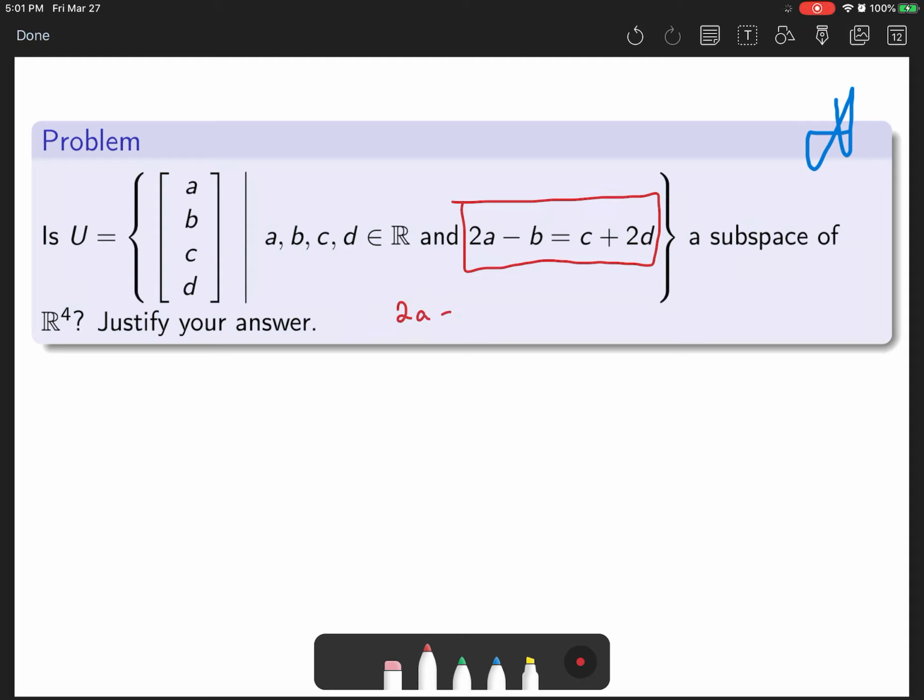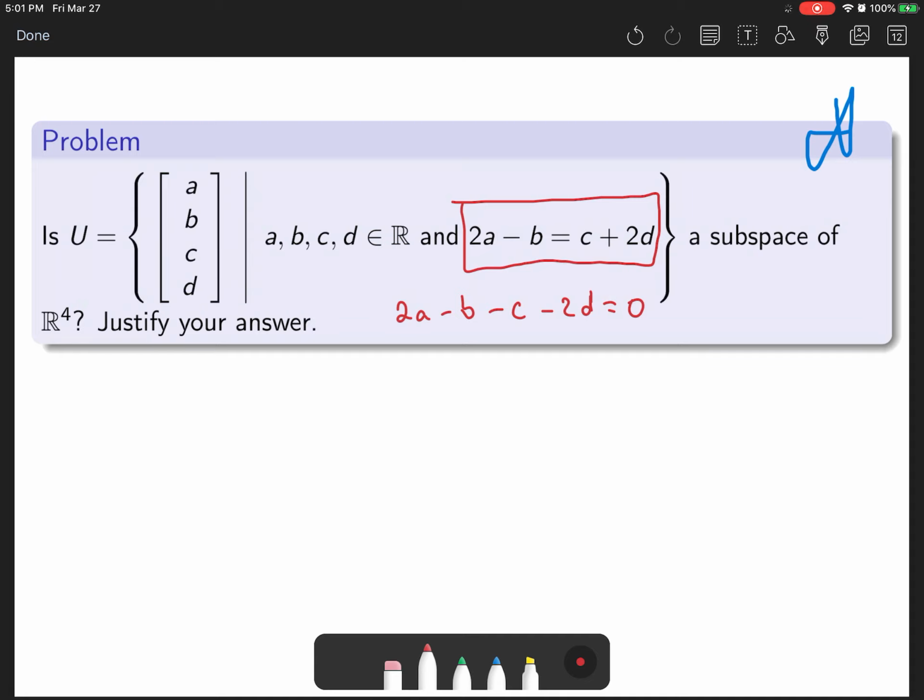Real quick though, I think it would help us make sense of what's going on if we wrote this in a more standard form. So all I'm going to do is bring everything to the left-hand side of this equation. Then this looks a lot like a normal plane, if we're allowing a, b, c, and d to be whatever they want. If d was gone, this would look like a plane in 3 dimensions.